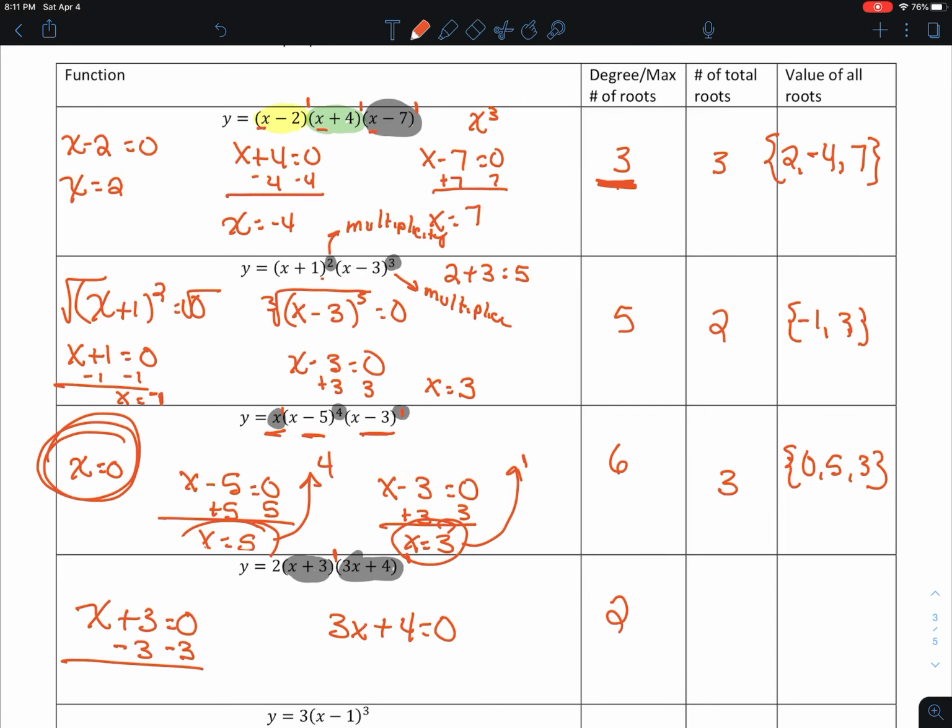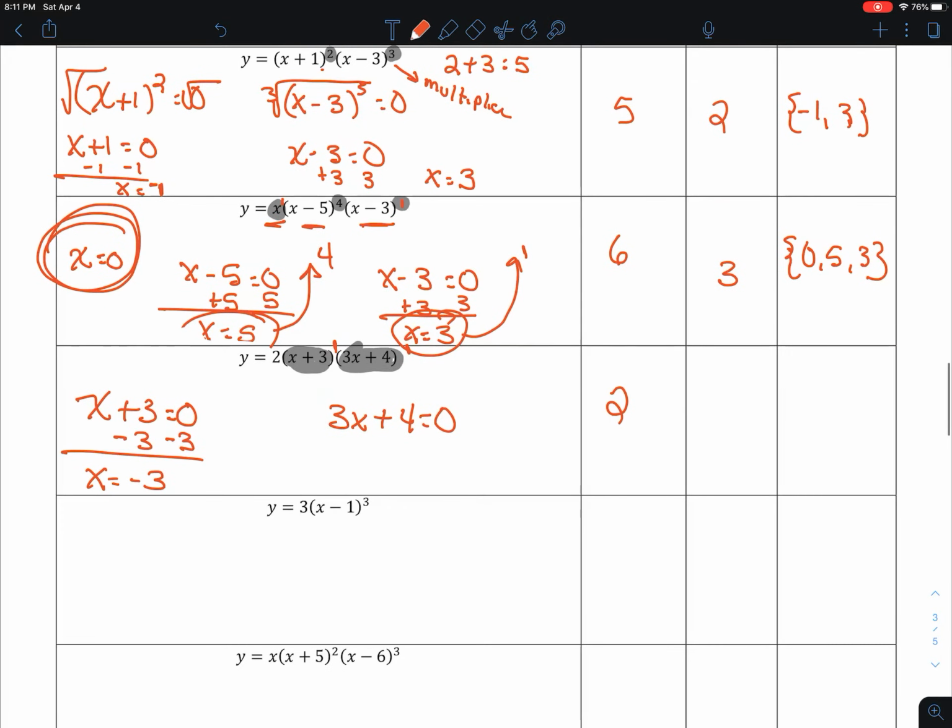Notice for most of these we're just taking the opposite, so that becomes x equals negative 3. We subtract 4. We get 3x is equal to negative 4. This is a two-step equation, so we have another step. We have to divide by 3, so we get x equals negative 4/3. So this has 2 solutions, and those solutions are negative 3 and negative 4/3.